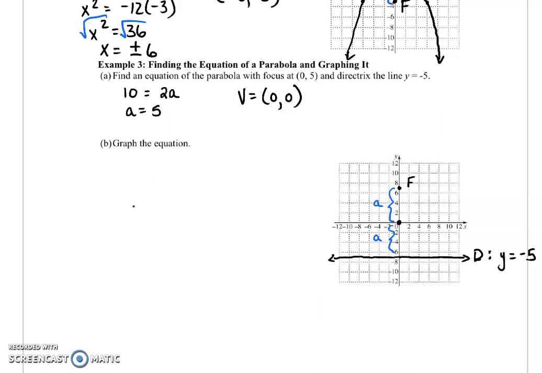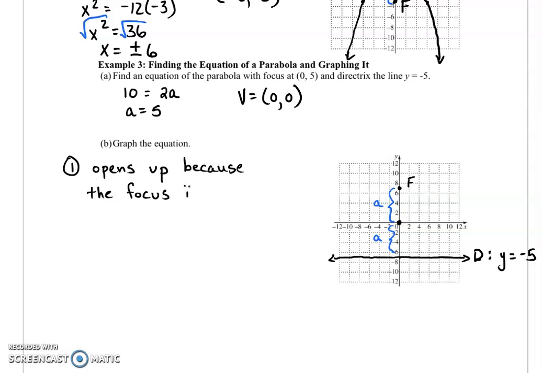Now we need to know which way this parabola opens. We know that it opens up because the focus is above the directrix, or the vertex for that matter.